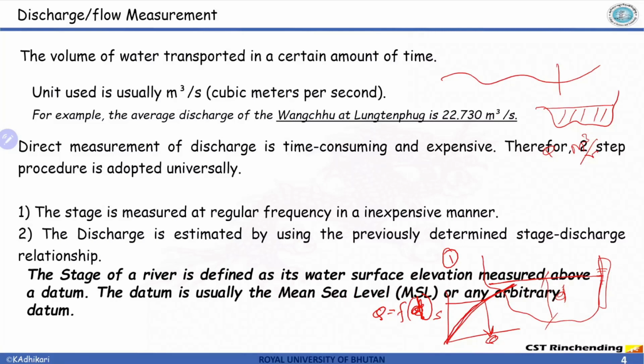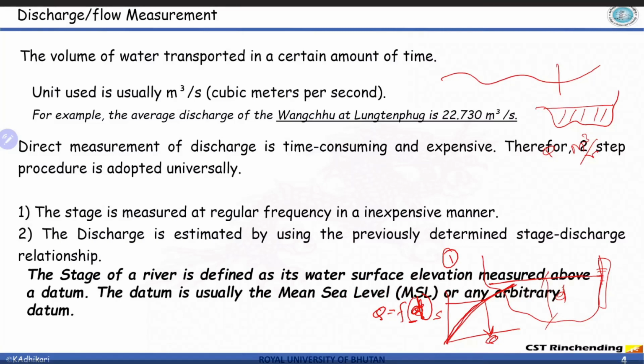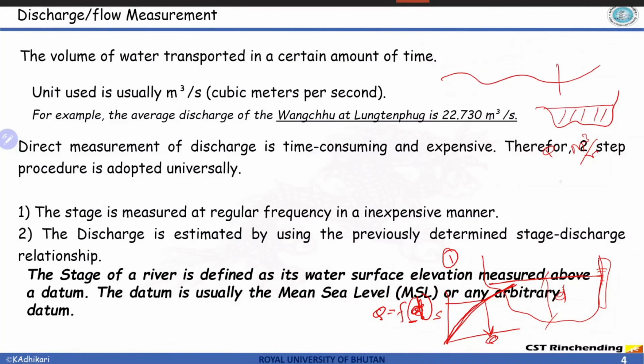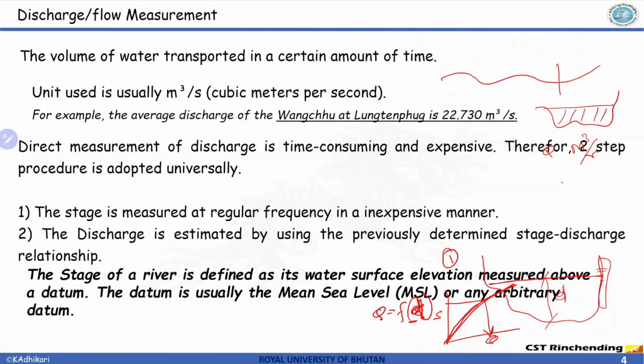Let's define the terms stage and depth. So this is a river cross section and this is the water surface level. Now if I am measuring this depth from the deepest portion of the bathymetry, I call it depth.